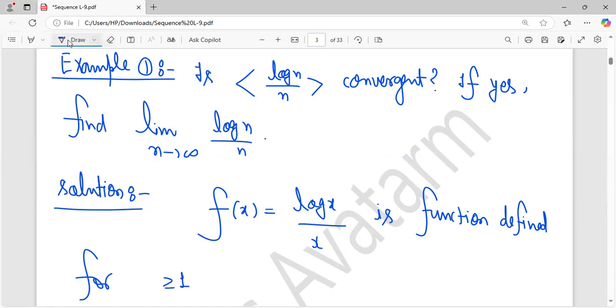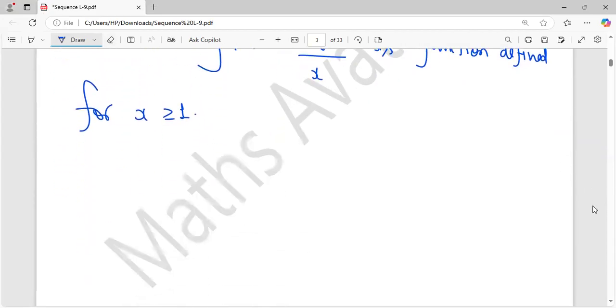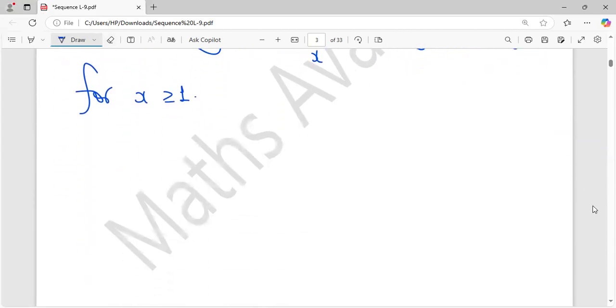So n0 here is 1. Also, log n upon n is equal to f(n) for all n greater than 1.